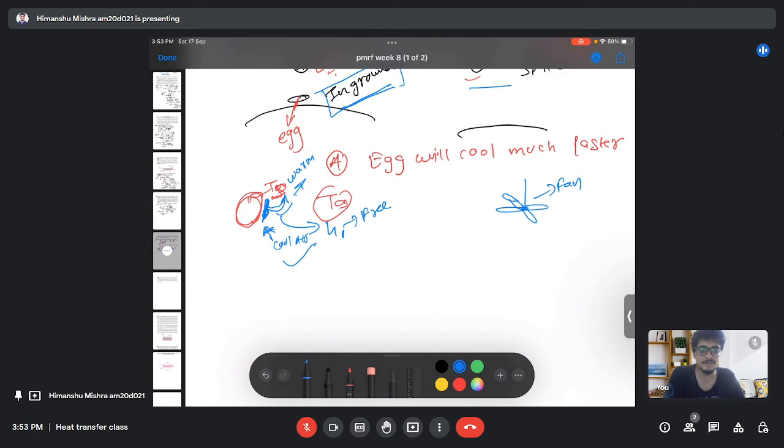When we switch on the fan, we make the flow happen, and the velocity of this flow is much larger than the air in the previous case, the free convection case. In the free convection case, the velocity is v1, and here, due to the fan rotating, the velocity of the air is v2, and we know that v2 is much larger than v1.